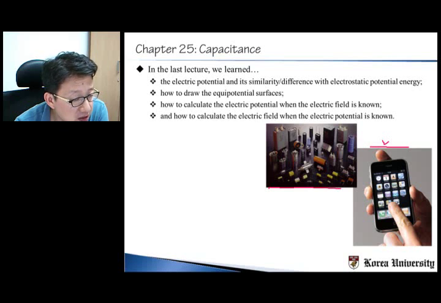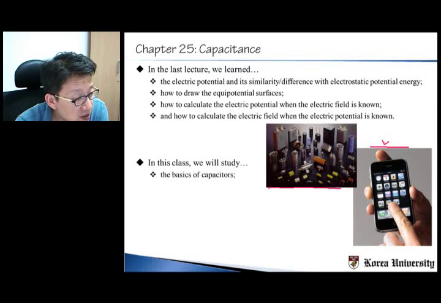How does the smartphone understand where your fingers are? Do you have an idea? In fact, how this smartphone recognizes your finger is directly related to the physics of capacitance. So once you have learned this chapter, you will be able to understand how this smartphone can recognize your fingers.